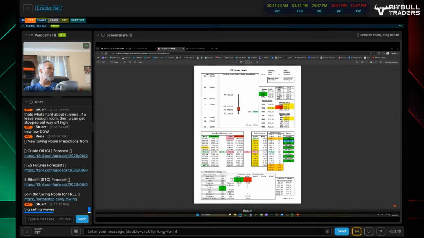The S1 level is 29.5. What I was looking for on the pullback, if this is wave 2, is possibly, the breakout point was 76.48 3/4. Possibly we can get like a third or so pullback from this move.